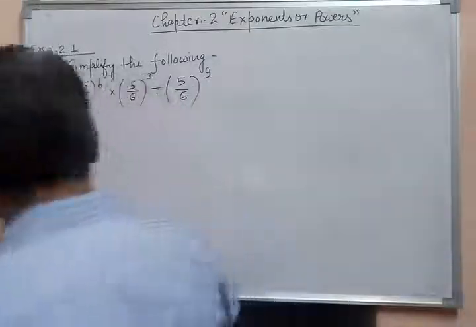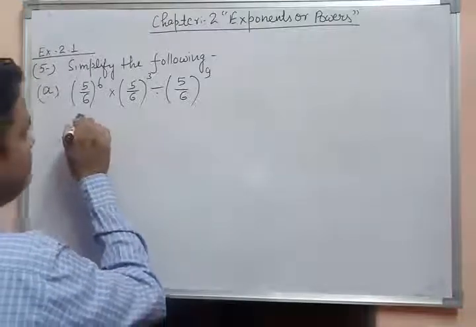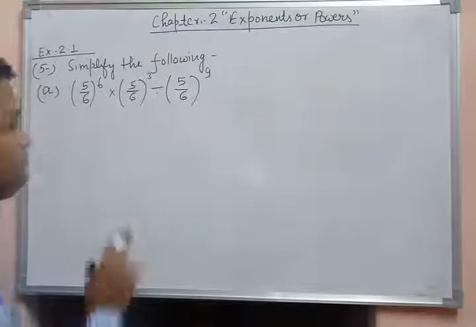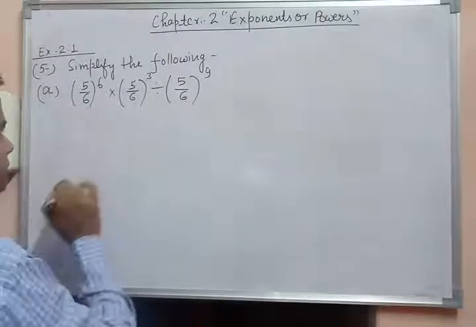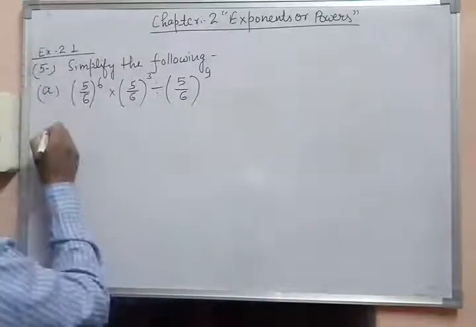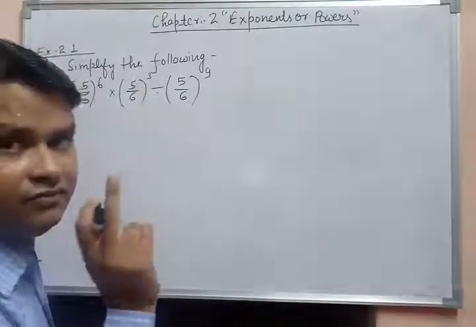Now let's start. The first question has the same base, because here 5.6, here 5.6, and here 5.6. So you have to apply the laws of exponents one by one.